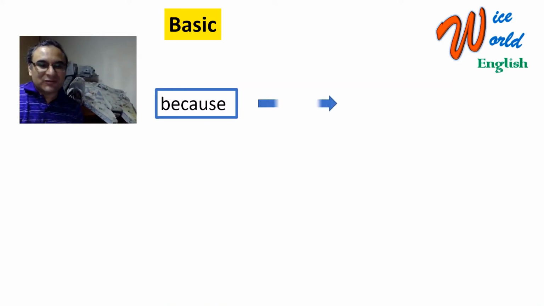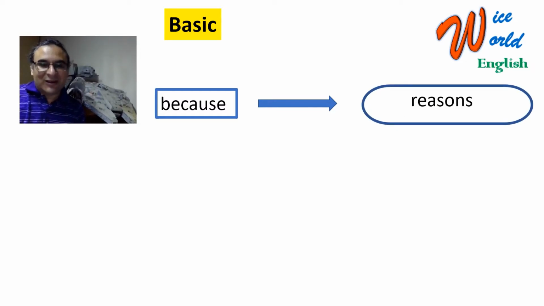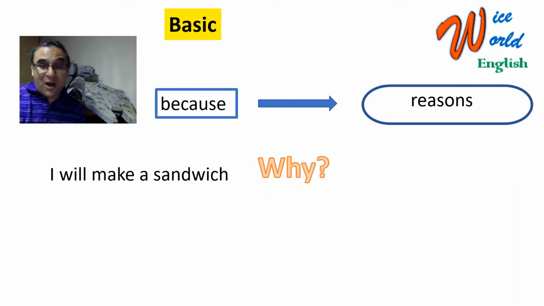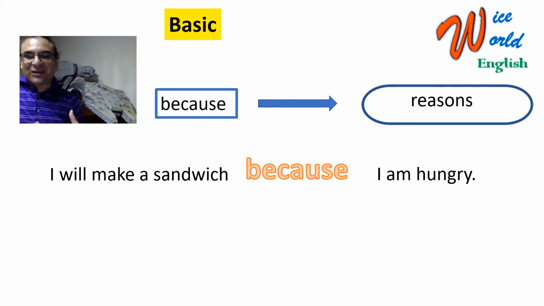When do we use because? We use because to give a reason, right? For example, I will make a sandwich. Why? Well, obviously, you know, because I am hungry, right? So I will make a sandwich because I am hungry, right?